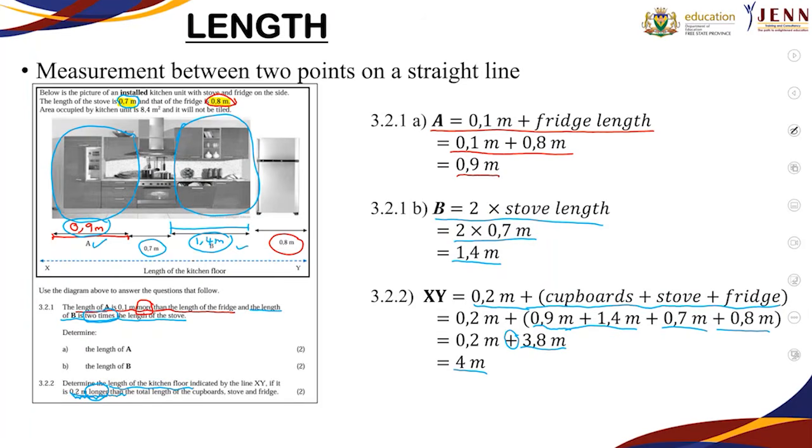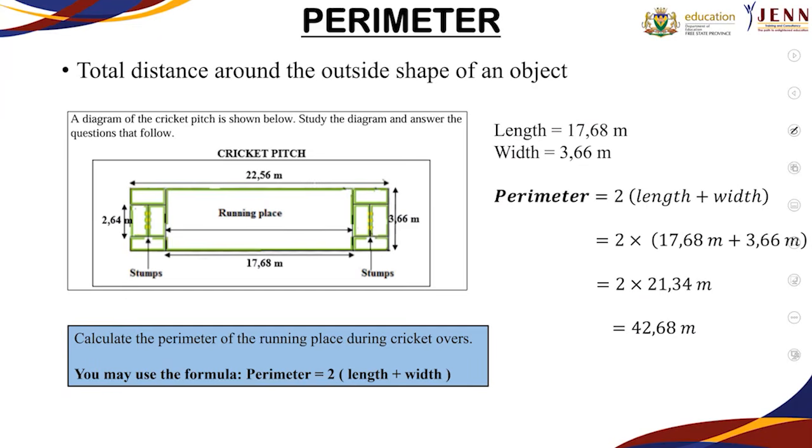Now let's move on to perimeter. So perimeter. What is the definition of a perimeter? It is the total distance around the outside shape of an object. Okay?